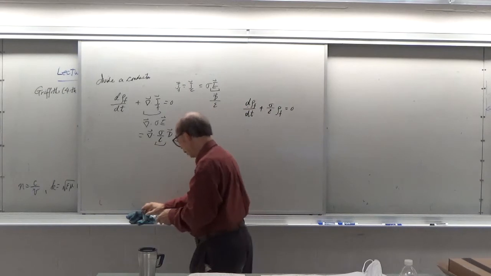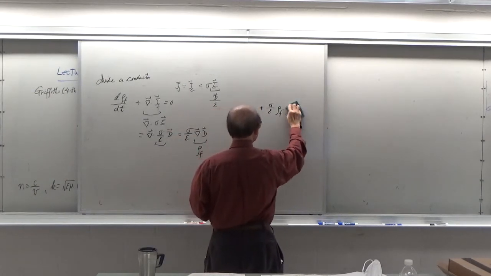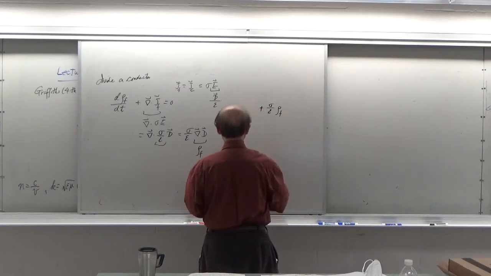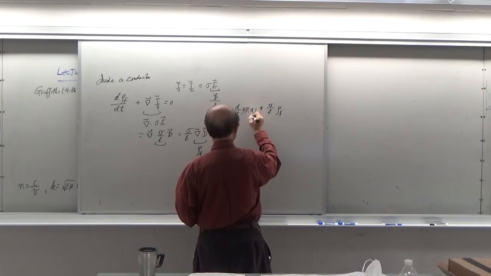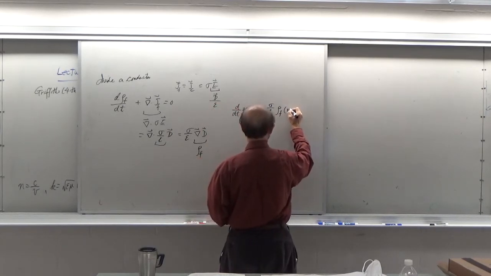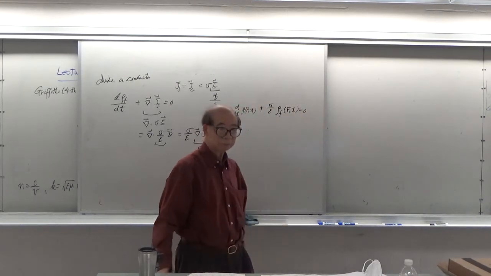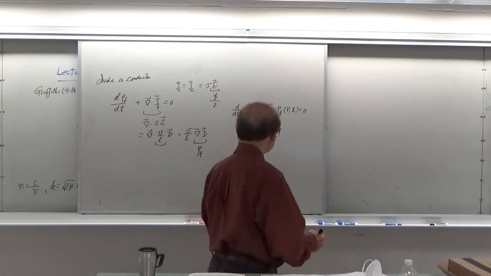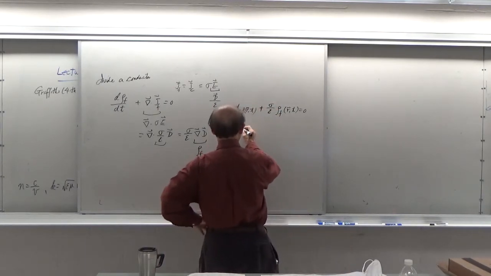And of course, it has to be, actually, let me do it here. d by dt rho at r at time t plus sigma over epsilon rho at location r and time t is equal to 0.